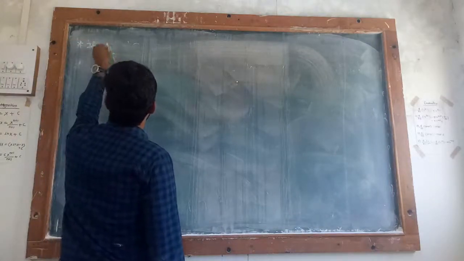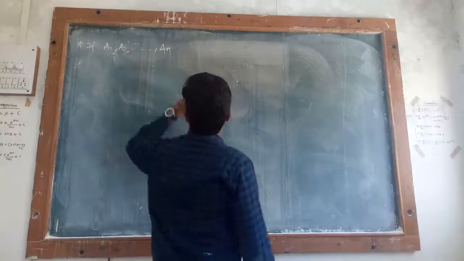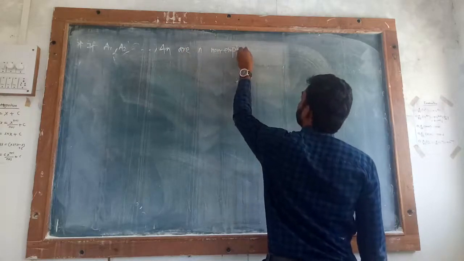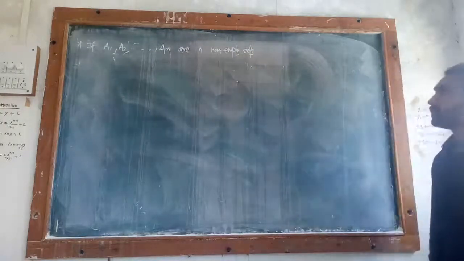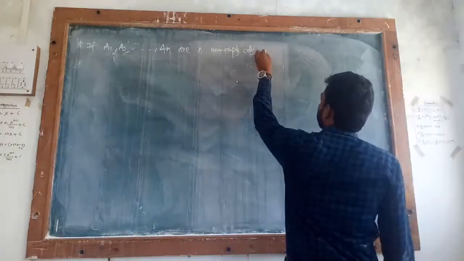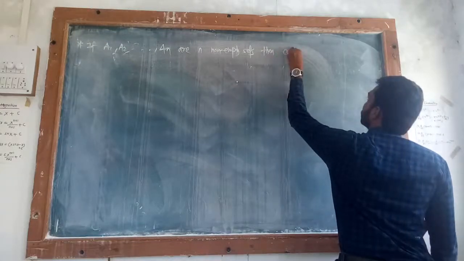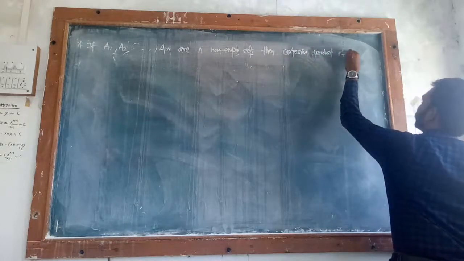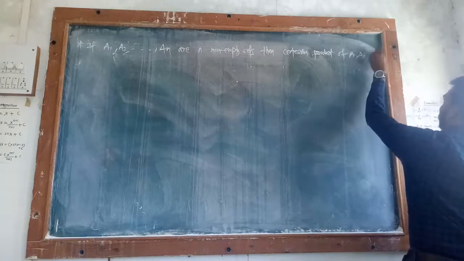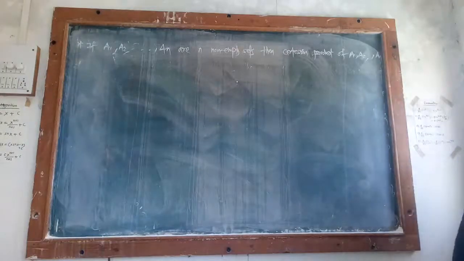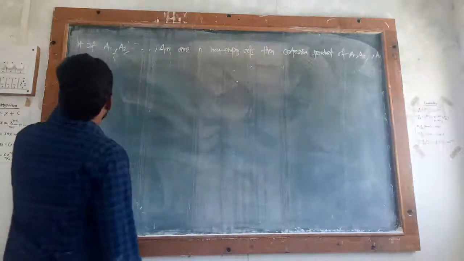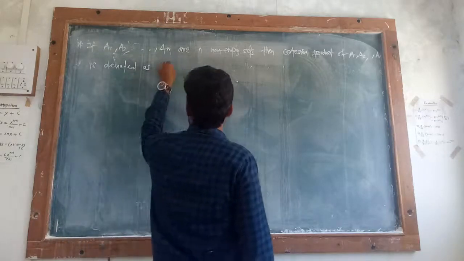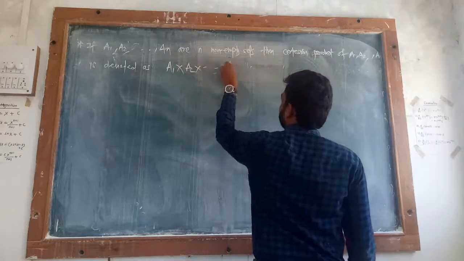Write up: if A1, A2, up to An are n non-empty sets, then the Cartesian product of A1, A2, up to An is denoted as A1 cross A2 cross up to cross An.